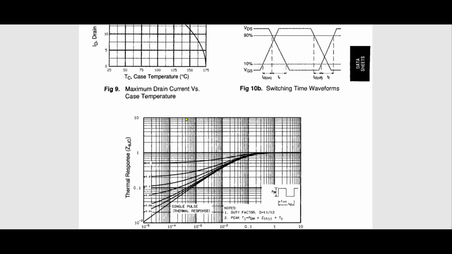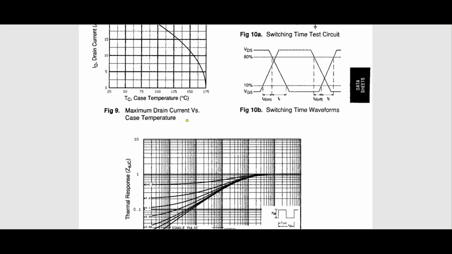So I will leave you to explore the data sheets. It is always a good practice to open up the data sheets of any particular MOSFET that you are going to use and study them in detail. That will give you very great insight into the operation of the MOSFETs and the limits of the device.